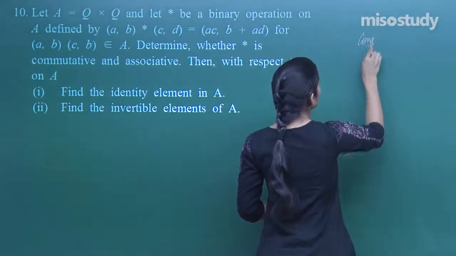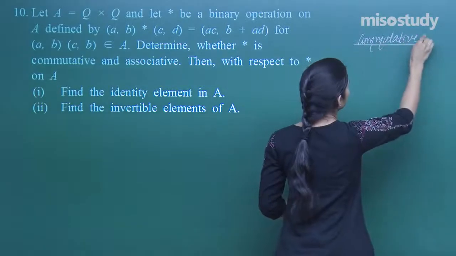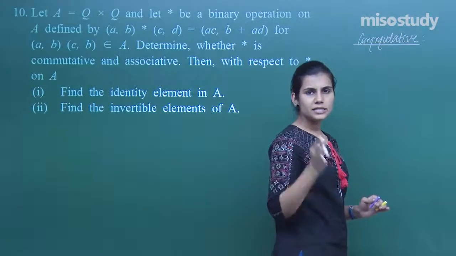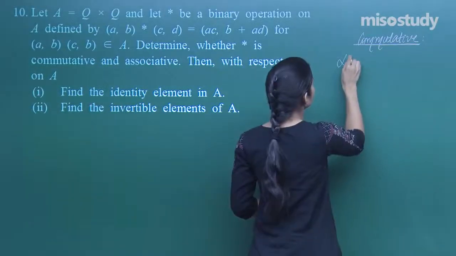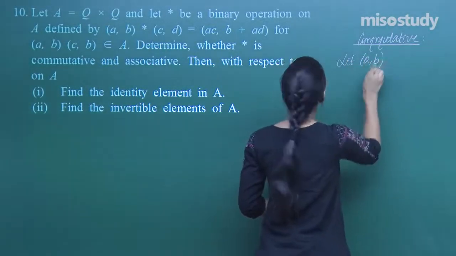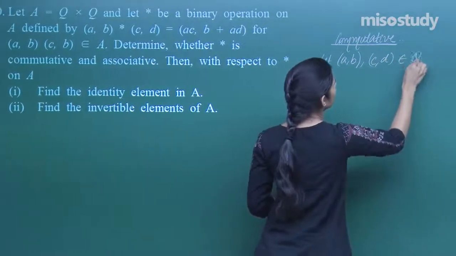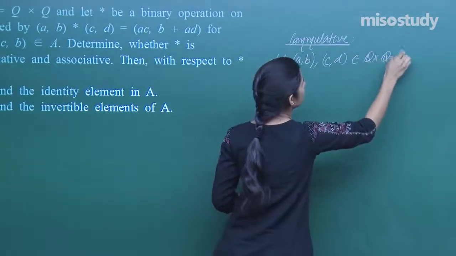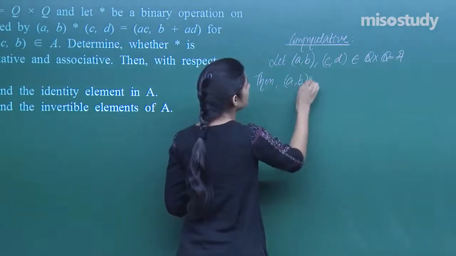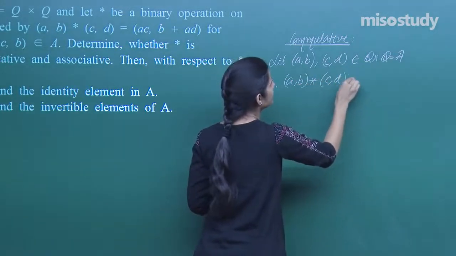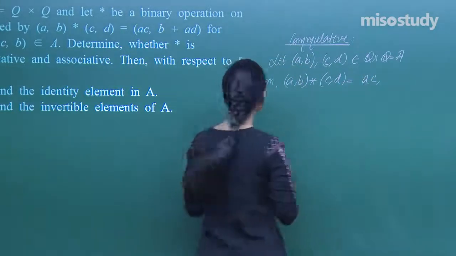Let's first talk about commutativity. Commutative means one element star another element is equal to the other element star the first element. So let (a, b), (c, d) belong to Q cross Q, which is set A. Then (a, b) star (c, d) is equal to (ac, b plus ad).